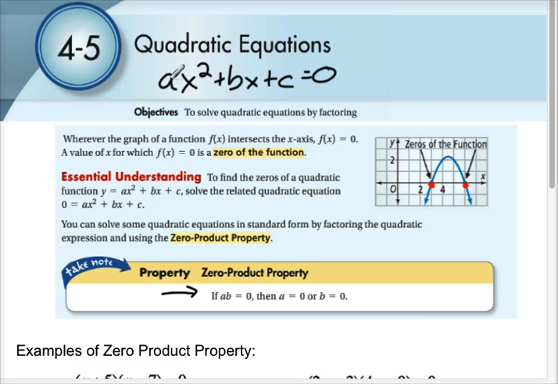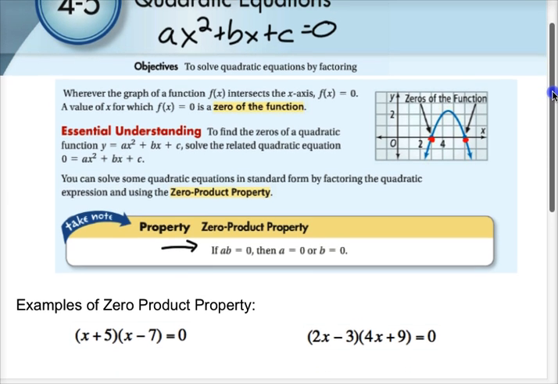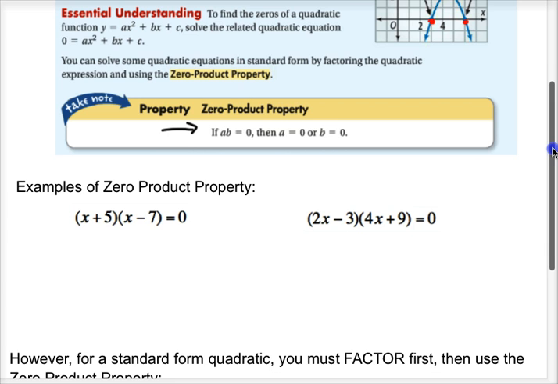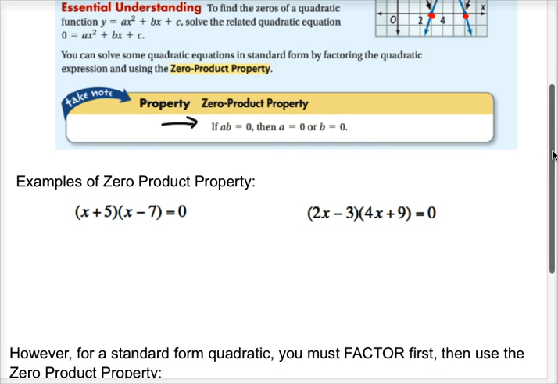So, in terms of these quadratics, what does that mean? Well, when I see something like this, that is a quadratic. When I see a quadratic in factored form, what I can do is take those pieces, and it's telling me that either that x plus 5 has to be 0, or the x minus 7 has to be 0.